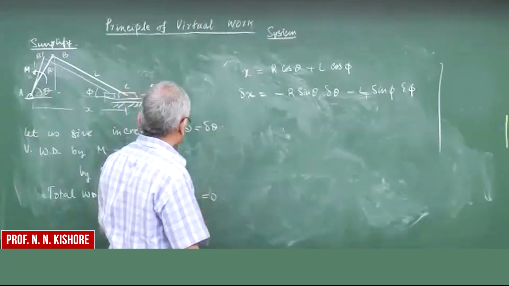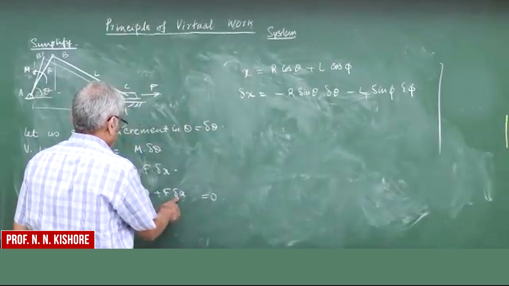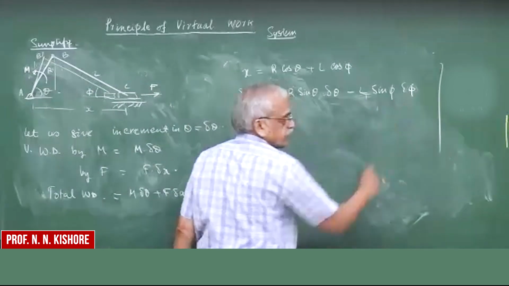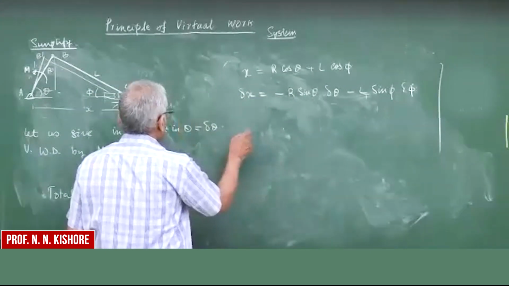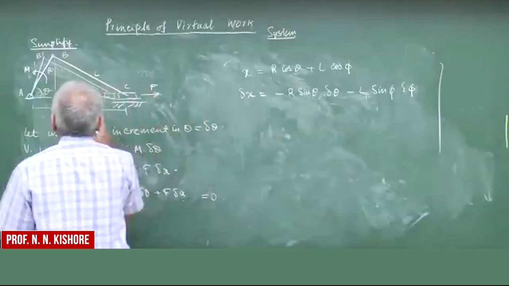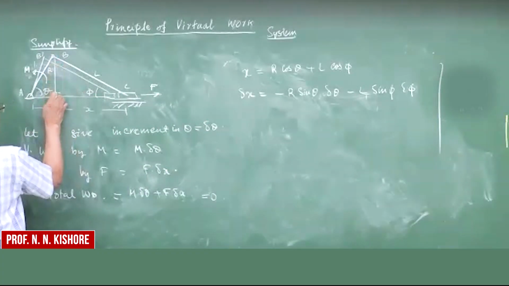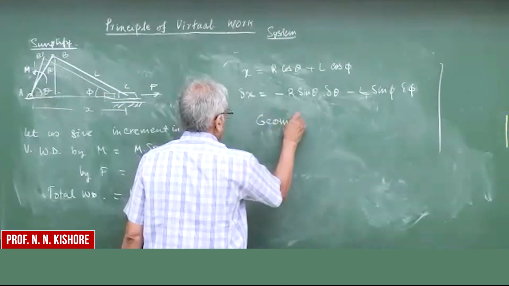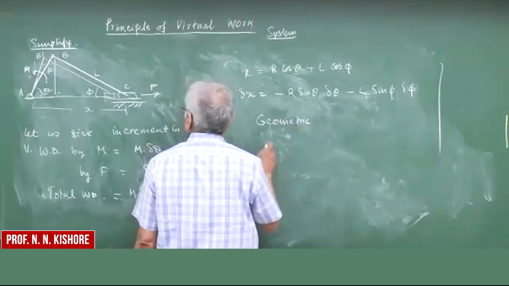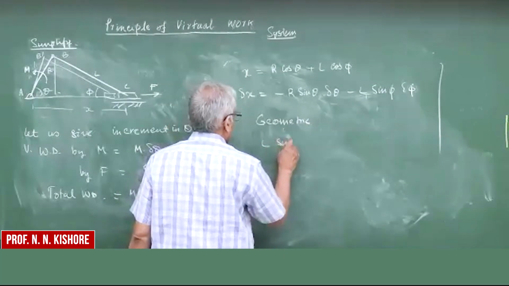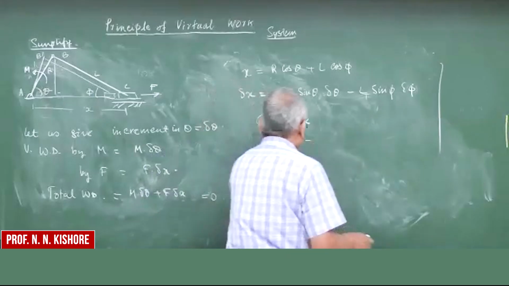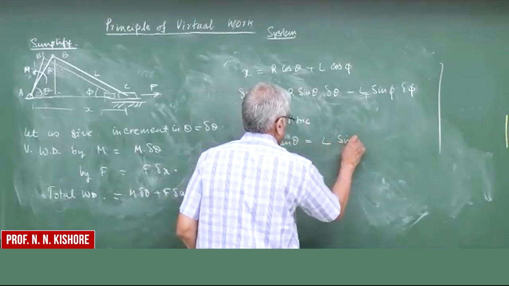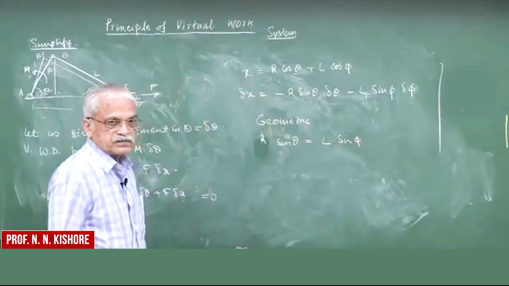So I'm introducing too many variables. Now I can write this in terms of theta, but I have introduced delta phi here, so I need another relationship, a geometric relationship. That is r sine theta is L sine phi. So this is the relationship.